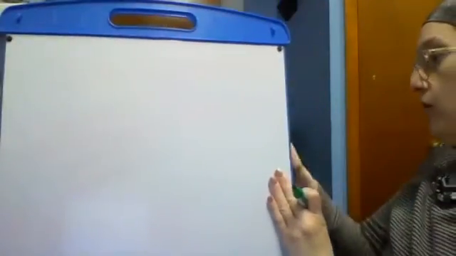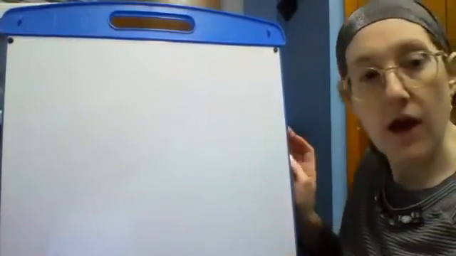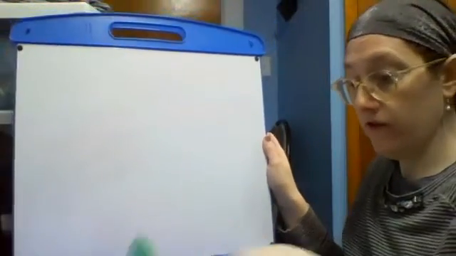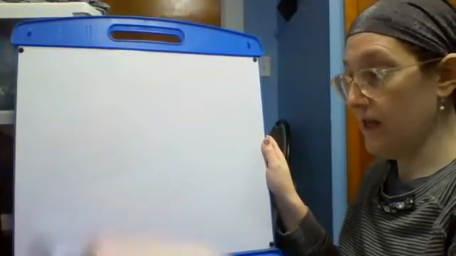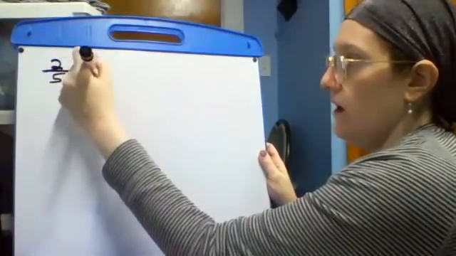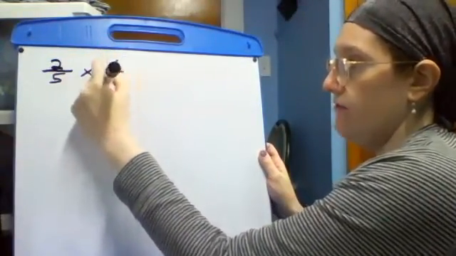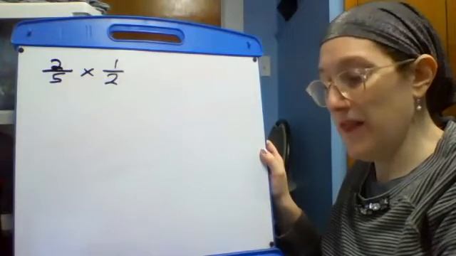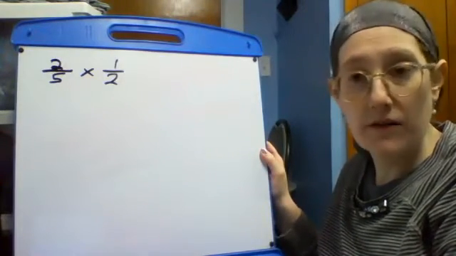This time, we're going to work with not a whole number and a fraction. We're going to try it with 2 fractions. Let's say I'm taking 2/5 of a half. And again, I want to think about what the product will be.